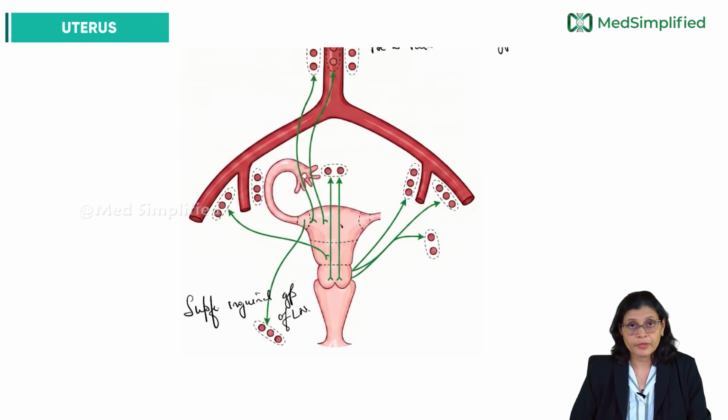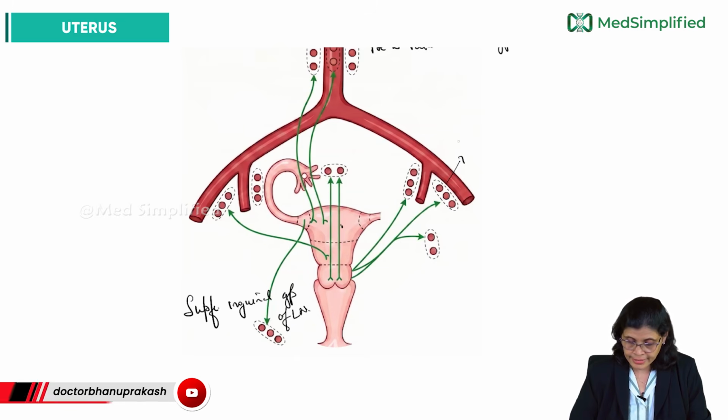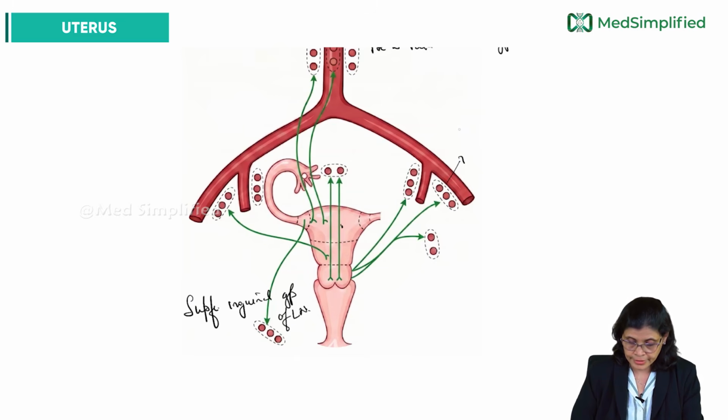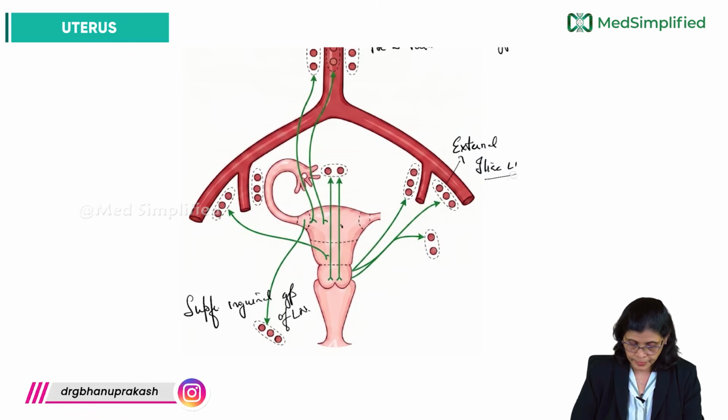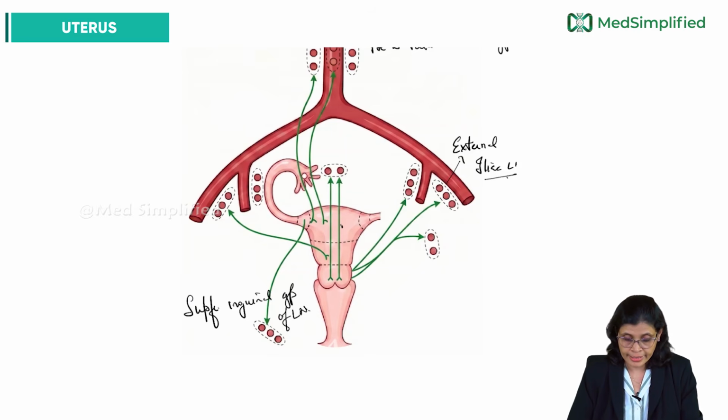This was from the fundus and the upper part of the body. Now from the lower part of the body, the lymph vessels pass through the broad ligament and drain into the external iliac group of lymph nodes.